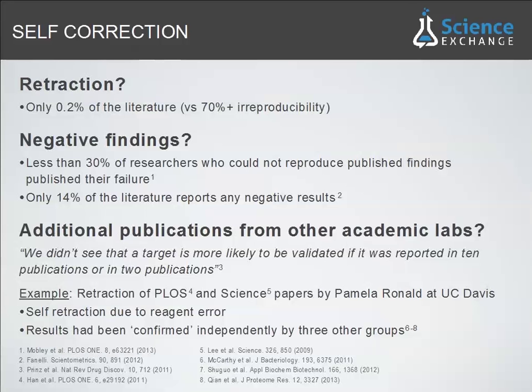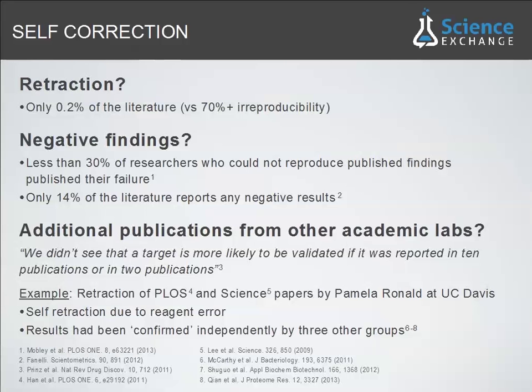And an example from Pamela Ronald's lab at UC Davis, where she retracted studies published in PLOS and Science from her own lab when she realized that there was a reagent error. She stated that the results had been confirmed independently by 3 other groups, and yet nobody had published any negative findings associated with that finding that she published. So this suggests that the literature is actually not self-correcting.